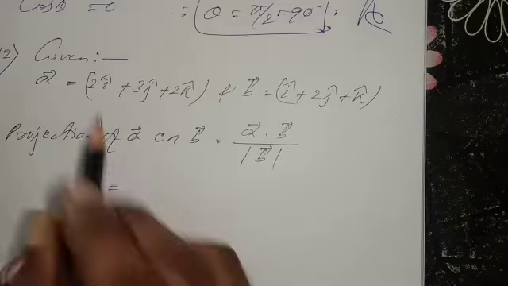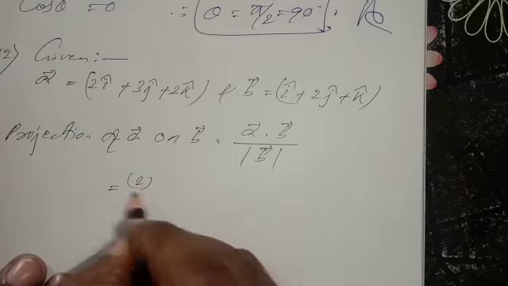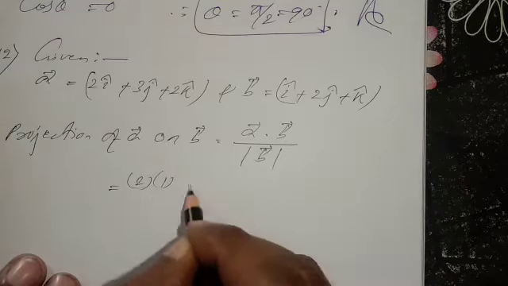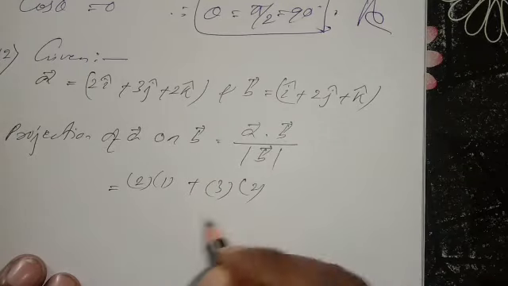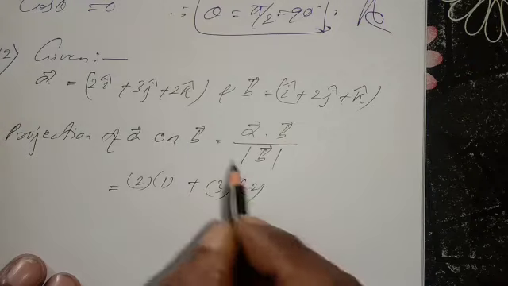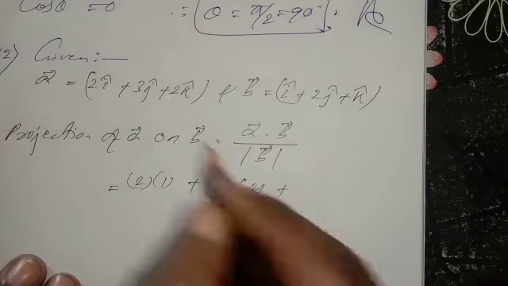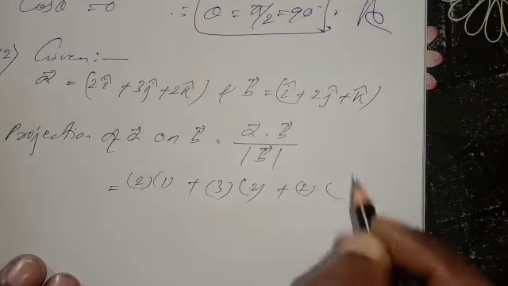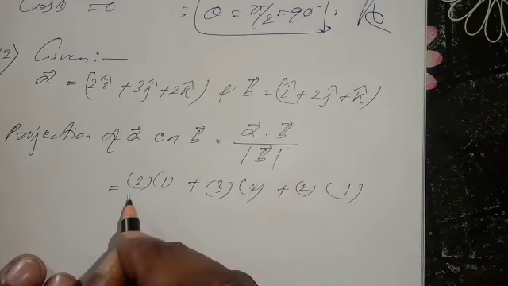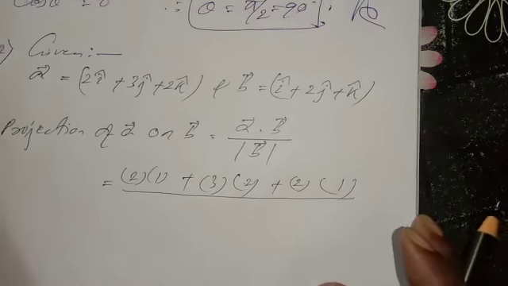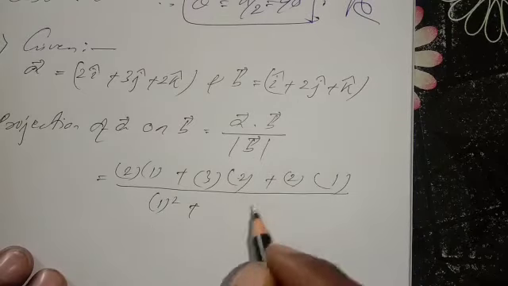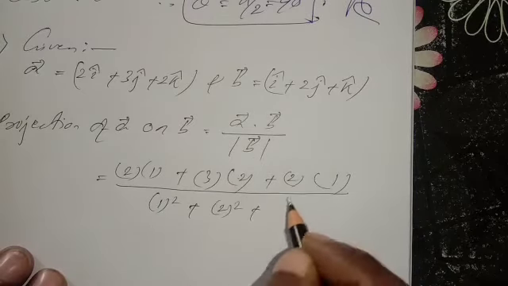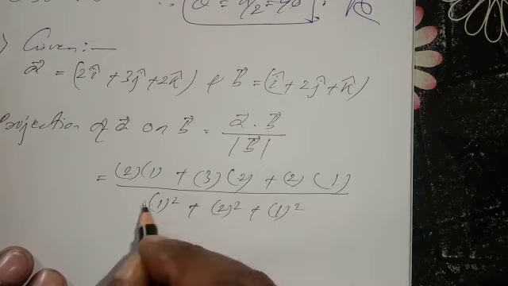A dot B means A1 B1 plus A2 B2 plus A3 B3: I coefficient 2 and 1, plus J coefficient 3 and 2, plus K coefficient 2 and 1, divided by B mod, the magnitude of vector B, that is the square root of 1 squared plus 2 squared plus 1 squared.